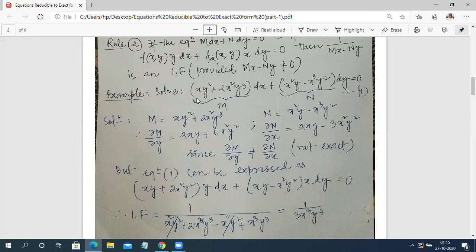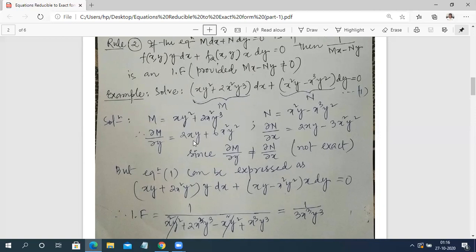This is your M. Now to check the exactness, we have to partially differentiate M with respect to y. So if we partially differentiate this function, we have 2xy plus 3x²y². Similarly, this is your N. Now if we partially differentiate the function N with respect to x, we will have 2xy minus 3x²y².